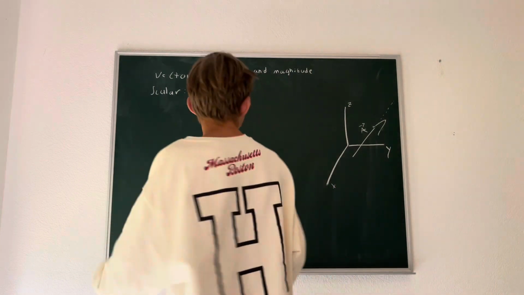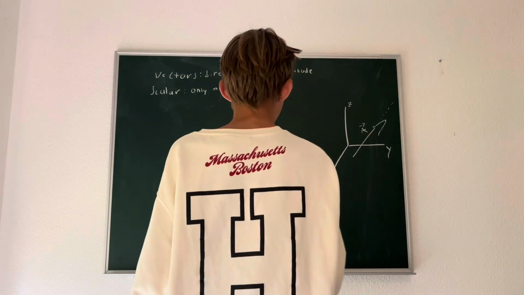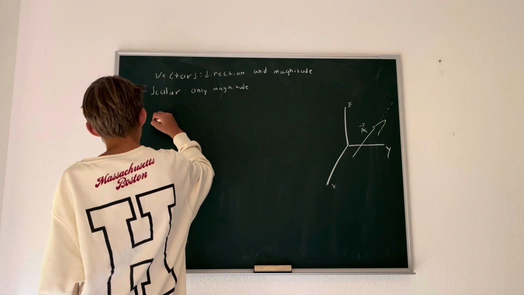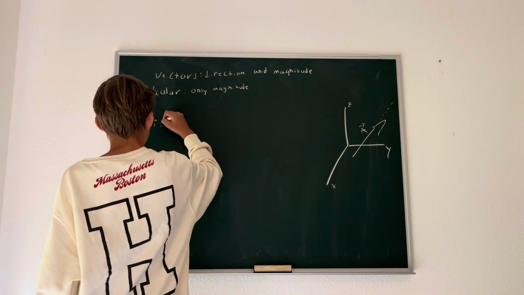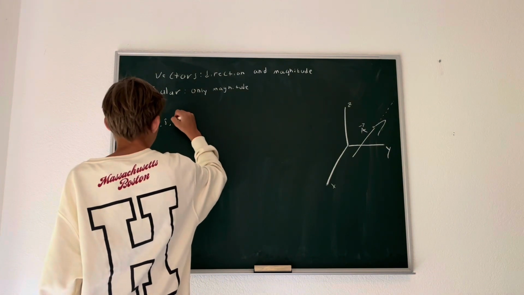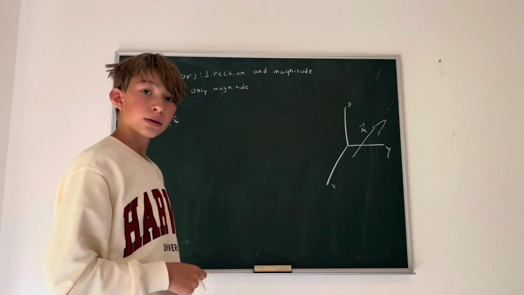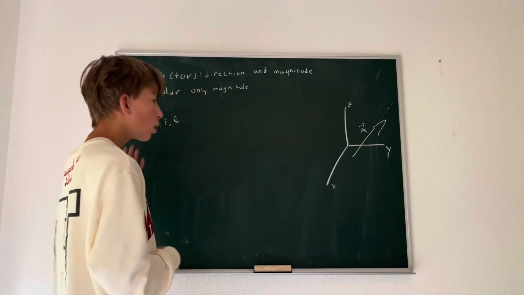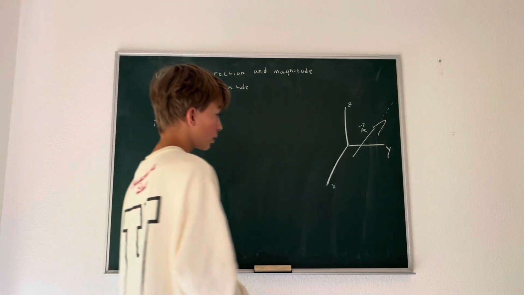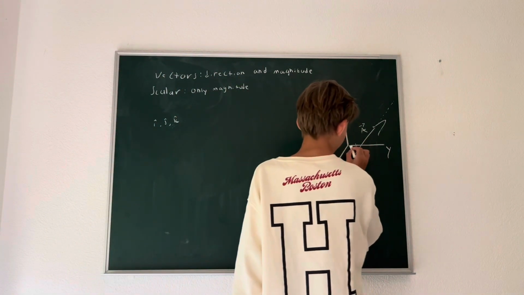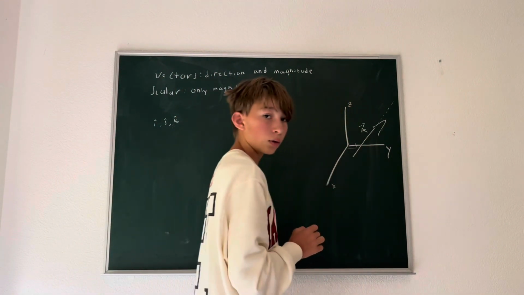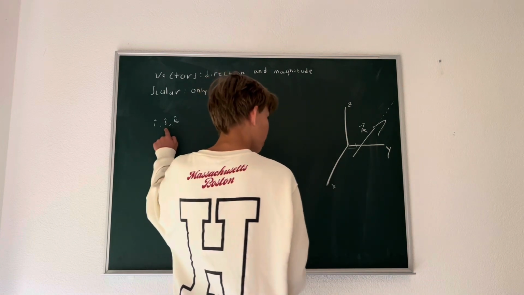So this vector has components in the x, the y, and the z directions. These are just unit lengths. So if I have a vector that goes 1 in the y direction, my j is going to be 1.